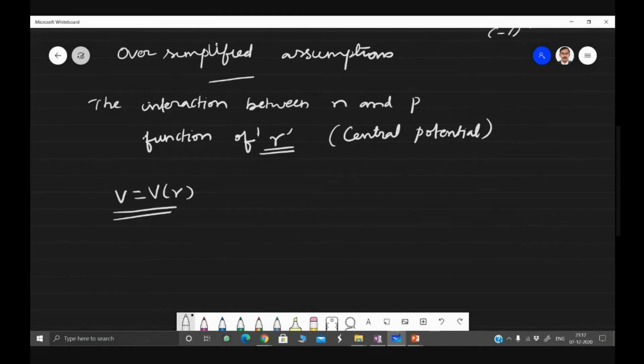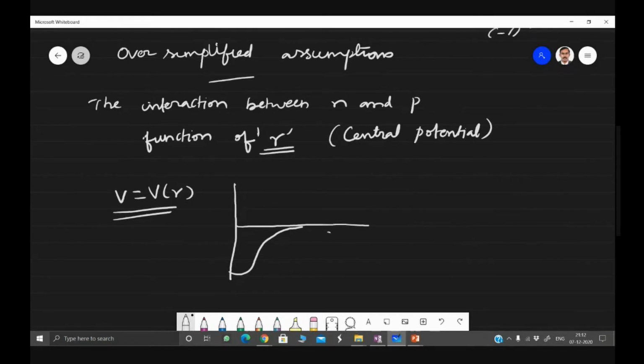As we have stated earlier when discussing the properties of the nuclear force, the potential is attractive and it has to be short ranged. These are two important properties the potential has to possess.